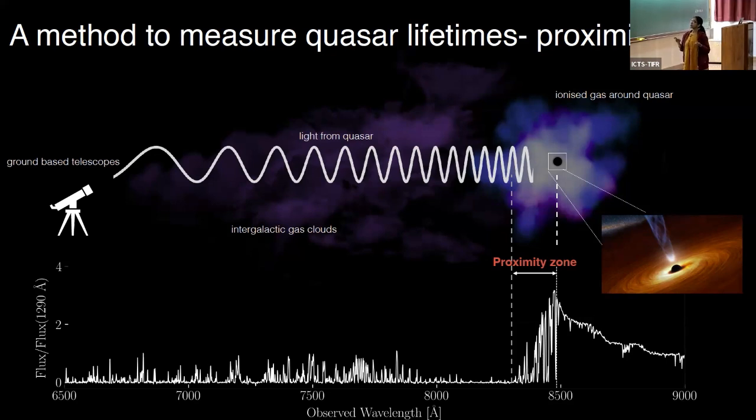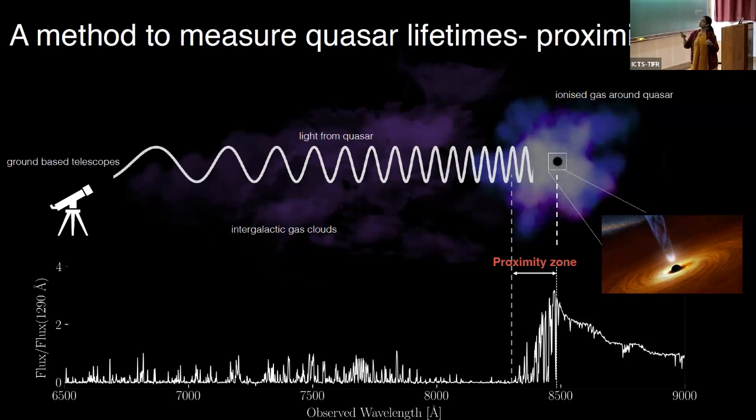Secondly, the UV light can get absorbed and scattered away from our line of sight by intergalactic neutral hydrogen clouds. At redshifts of 6 or above, since the universe was mostly neutral, most of the light gets scattered away and you see almost no transmission, except in this particular region called the proximity zone, where there is still non-zero transmission blueward of the Lyman alpha emission line.